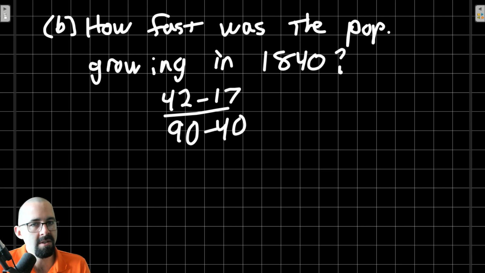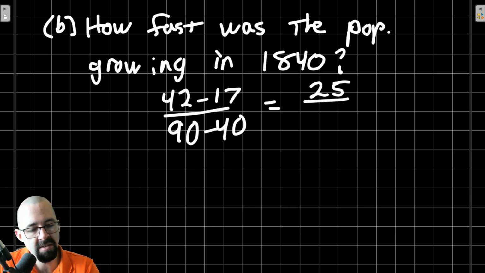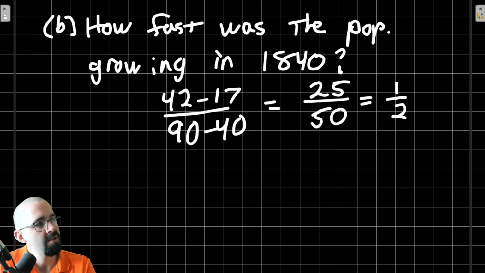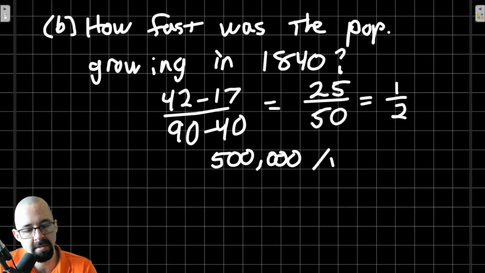And I know instantaneous rate of change is a derivative, but we don't have a function to take the derivative of, so we have to find the slope of the tangent line with this method instead. That's going to be 25 over 50. Oh, I like that number. That's 1/2. So the population was growing by 1/2 million per year, which is 500,000 people per year.